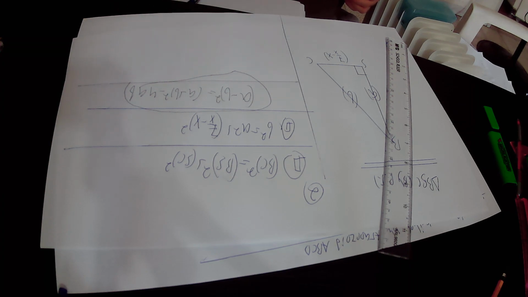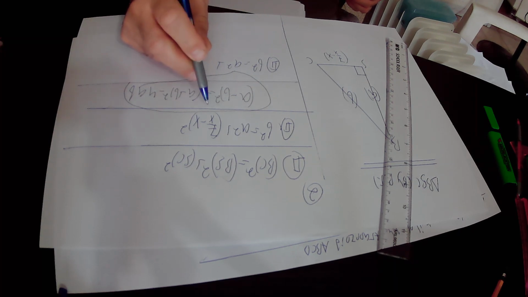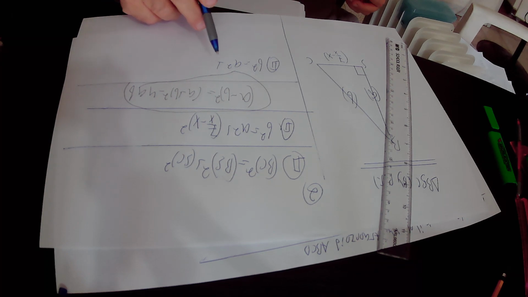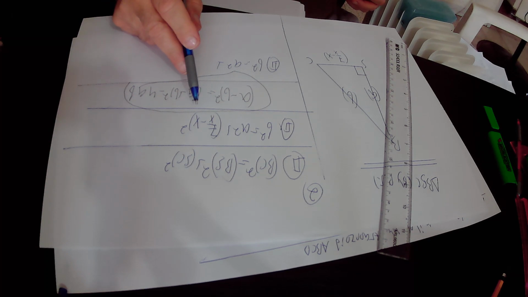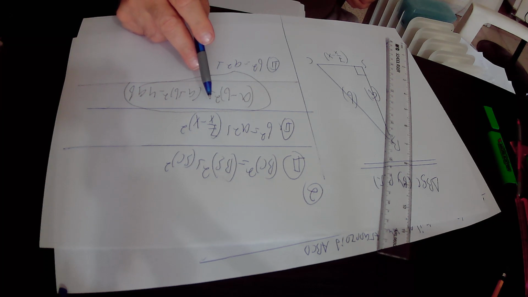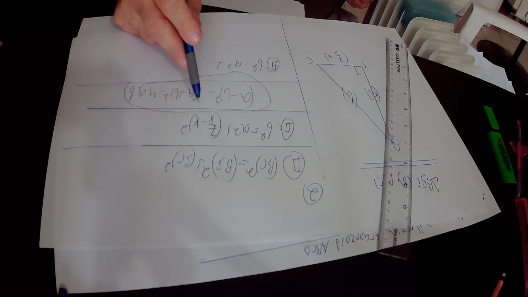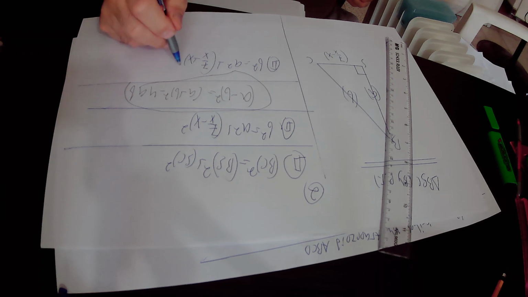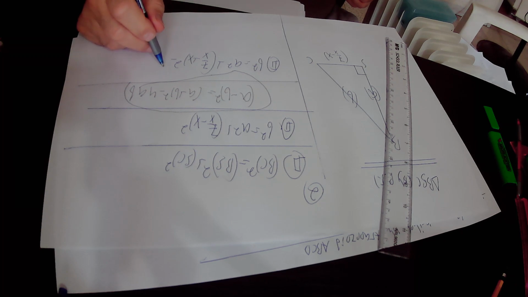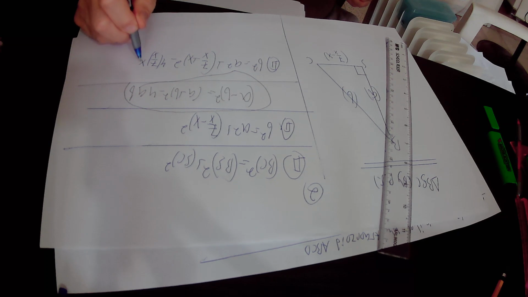And we get that according to this equation 2, B squared equals A squared plus (7 over X minus X) squared. According to this algebraic identity, if we substitute A by 7 over X and B by X, we get that (7 over X minus X) squared will be equal to (7 over X plus X) squared minus 4 times 7 over X times X.